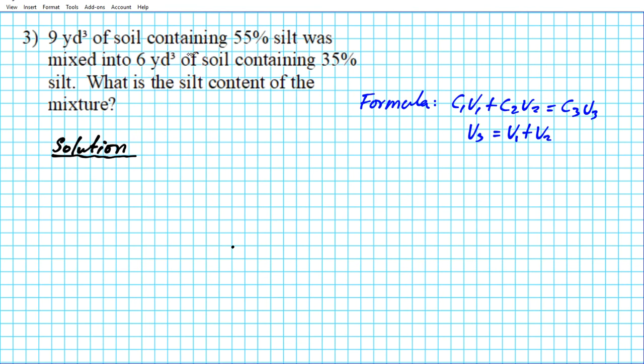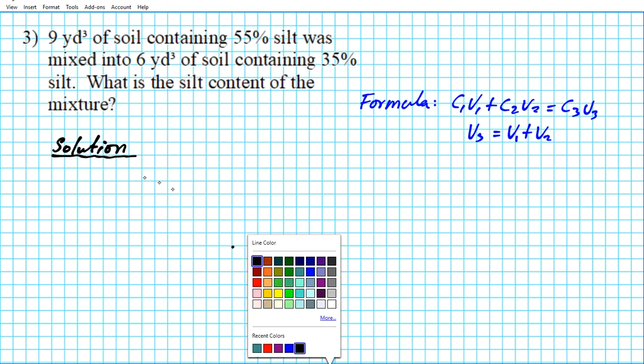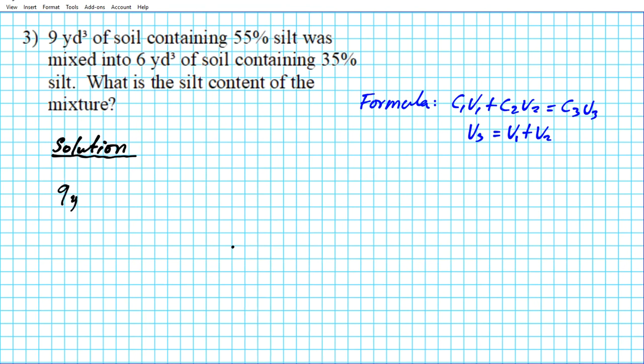All right, so we have two things we're mixing here: the 9 cubic yard soil and the 6 cubic yard soil. Let's just use that to name them. We're going to call it the 9 cubic yard soil, that's the first one.